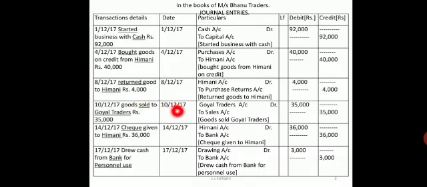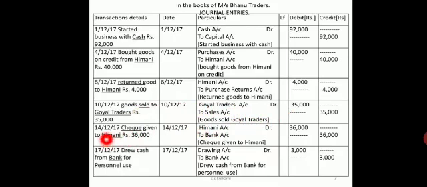So when sales are done, it increases our income. So increase in income is credited. So Goyal traders account is debited to sales. It is 35,000, 35,000. Write narration, sold goods to Goyal traders and draw the line. So the transaction is complete.